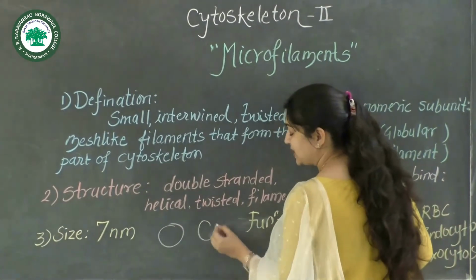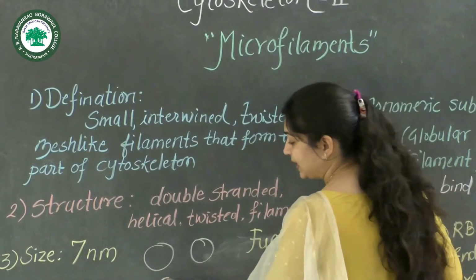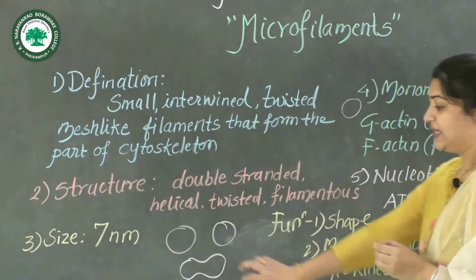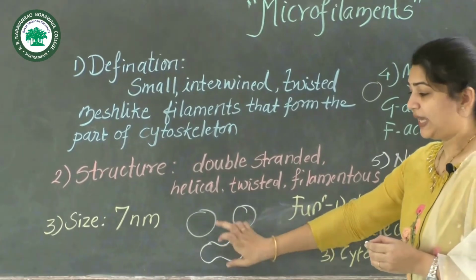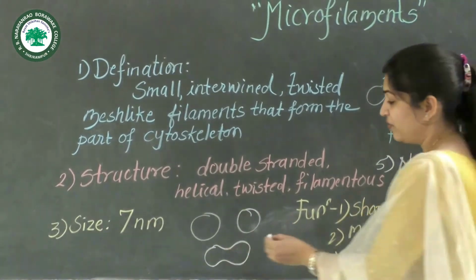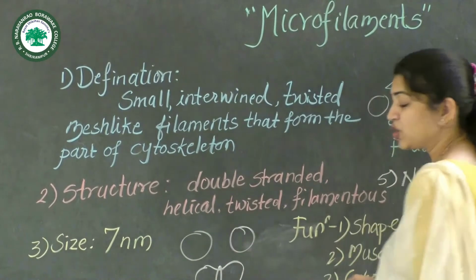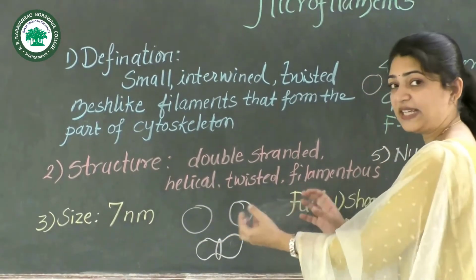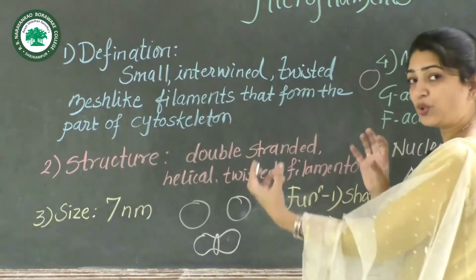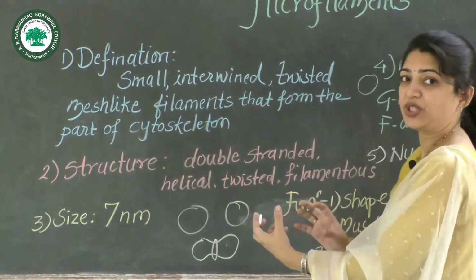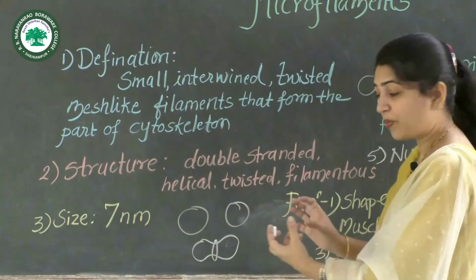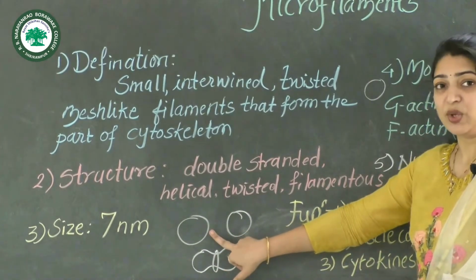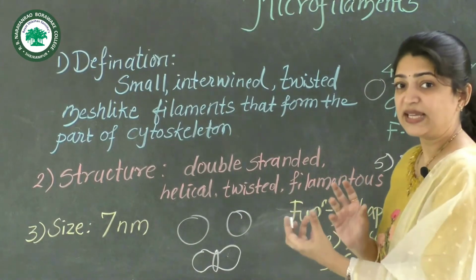There is a contraction in the middle of the cell, forming a ring that is called the contractile ring. This pinching off into two cells when the cell divides takes place due to the microfilaments. So microfilaments take a very important part in cytokinesis, that is division of the cell.